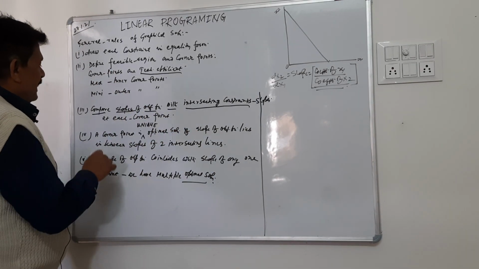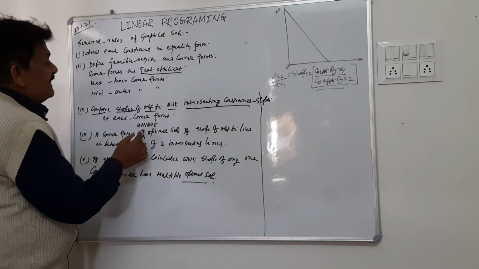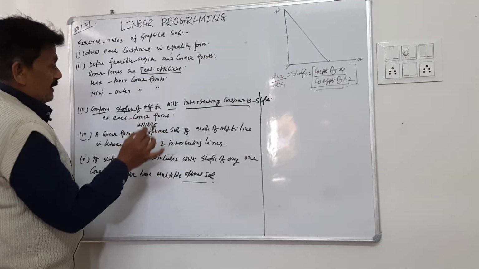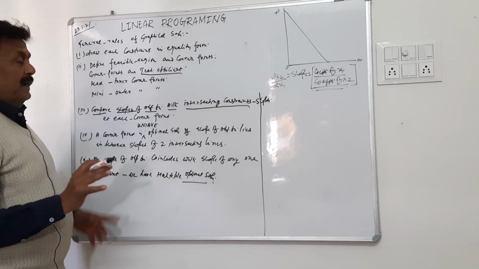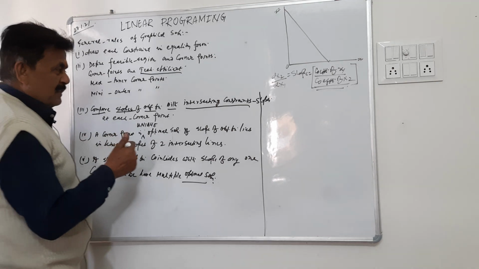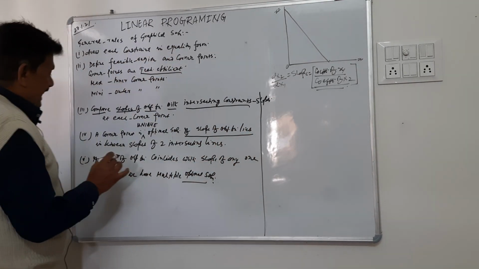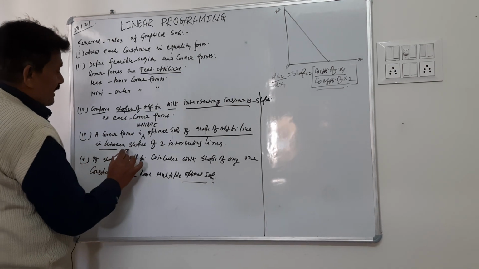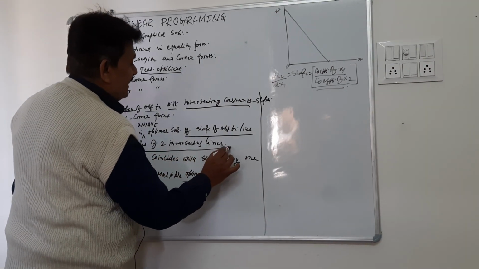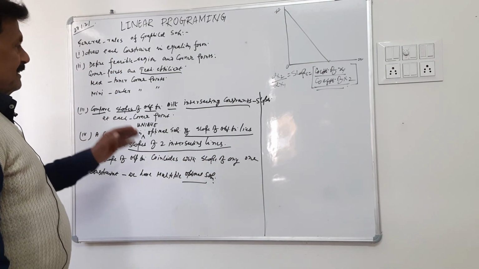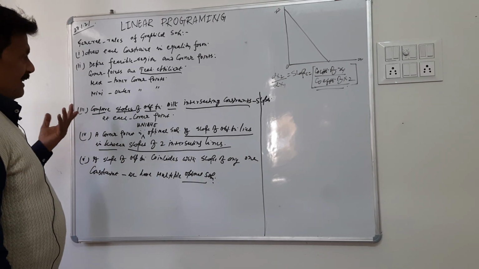Any corner point will be a unique optimal solution if the slope of the objective function lies in between the slopes of the two intersecting lines. This point I had told in the last class.